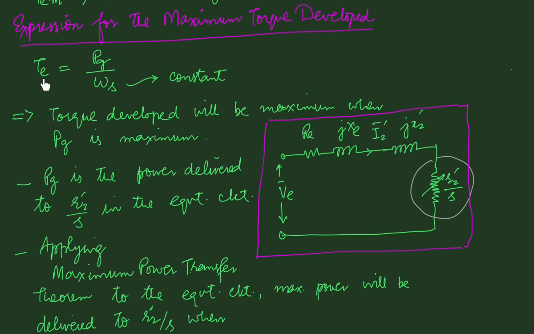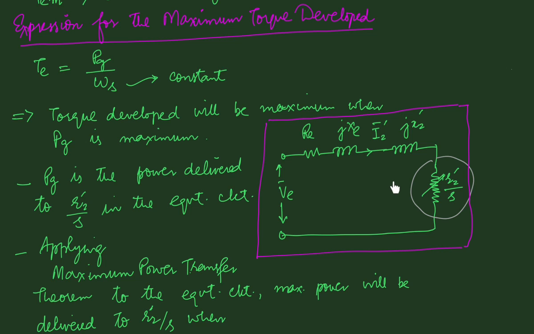Therefore the torque will vary in direct proportion with the air gap power, and the torque developed will be maximum when the air gap power is maximum. And we can make use of this fact to determine the value of the maximum torque developed by applying the maximum power transfer theorem to the equivalent circuit.